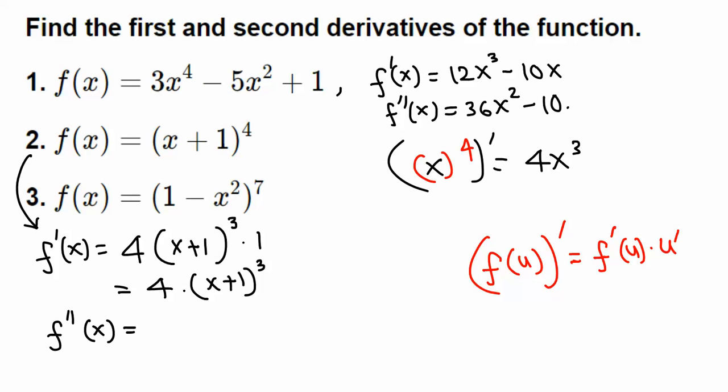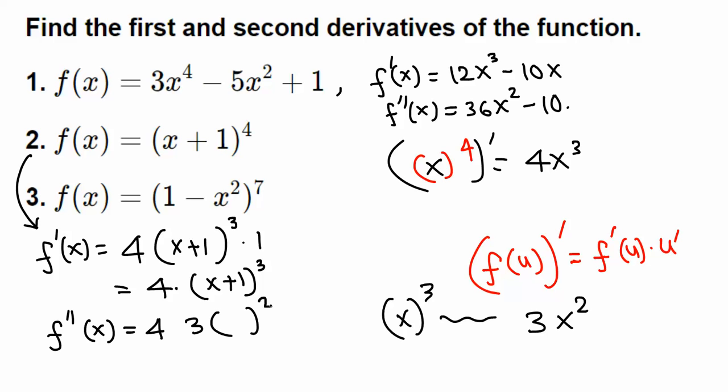function. It's again 4 times a function, so 4 survives, we can just leave 4. Something to the third, so same as before, we need to use the chain rule. Something raised to third is the outer, so it's like x cubed, and when we find the derivative, that's 3x squared. So derivative of outer function is 3, that 3 minus 1 is 2.